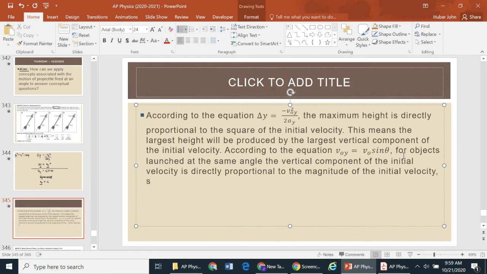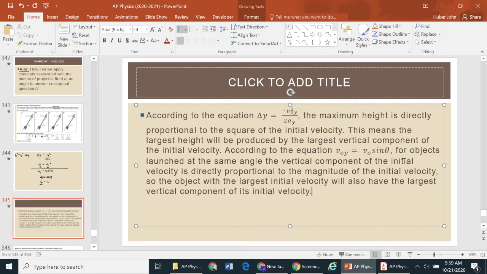And we'll just put here comma, so the object with the largest initial velocity will also have the largest vertical component of its initial velocity. Now, it's critical at that point to state that that's only true when they're launched at the same angle, because if they're not launched at the same angle, then that reasoning doesn't always hold up.